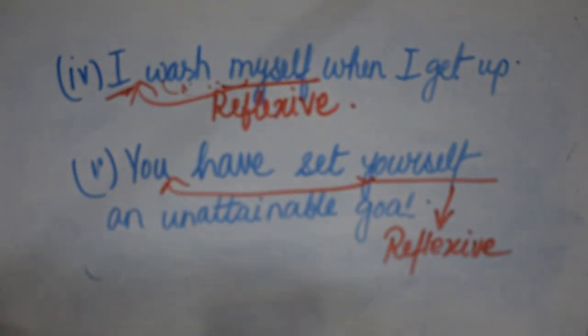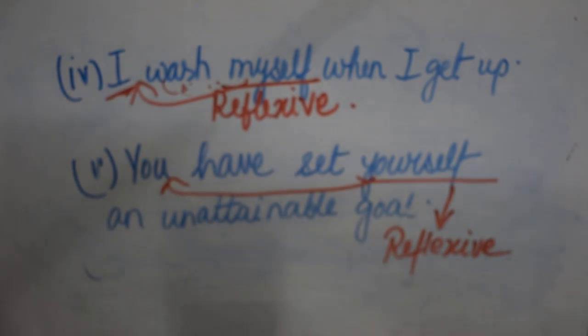The question arises, you have set a goal for whom? So over here the meaning is, you have set an unattainable goal for yourself. That's why yourself will be a reflexive pronoun.